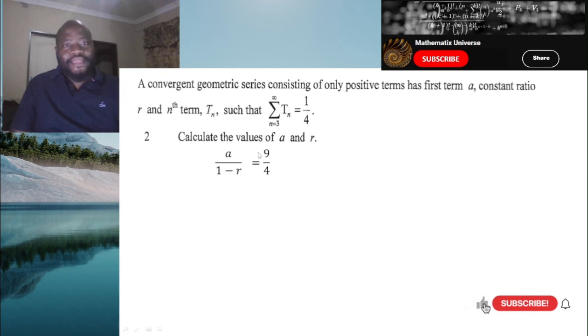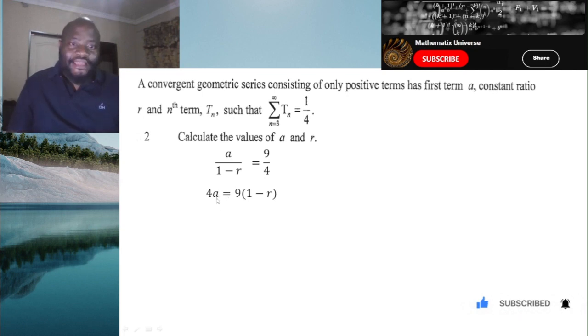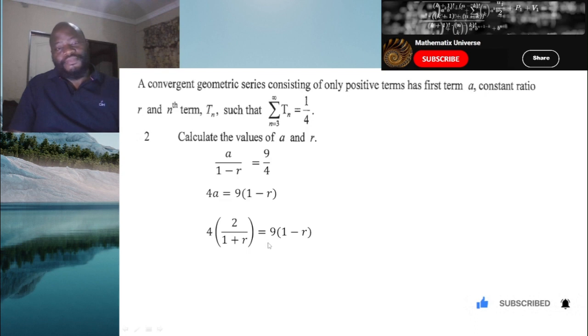Nice. So now let's take this and clear some space and then work it out. We're going to cross multiply these two. So 4a will be equals to 9 multiplied by this denominator here. We get 4a equals 9 multiplied by the 1 minus r. But in question 1, we wrote a in terms of r. So it means we can substitute the value of a with 2 over 1 plus r. Okay.